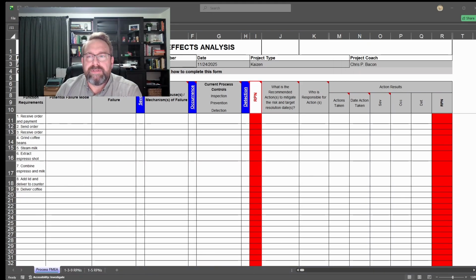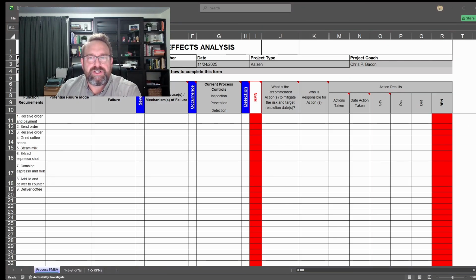The rest of the table is used once the FMEA is completed and we have identified our highest priority risks. Once we have those, then for the failure modes of particular interest, we will fill in recommended actions to mitigate the risk, the owner of the mitigation actions, a list of what actions were taken, the date the actions were taken, and then we're going to do a revised severity score, revised occurrence score, revised detection score, and then finally we're going to have a new RPN calculated.